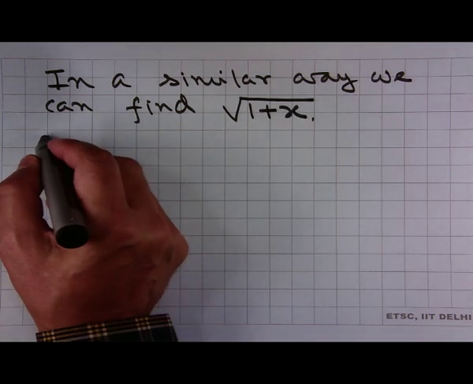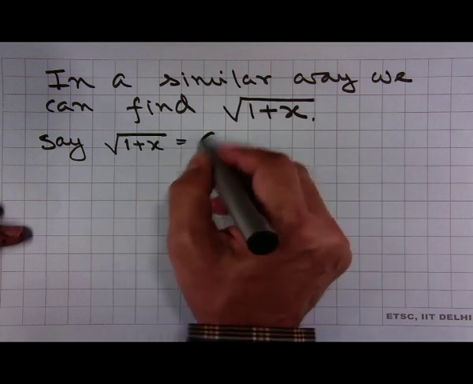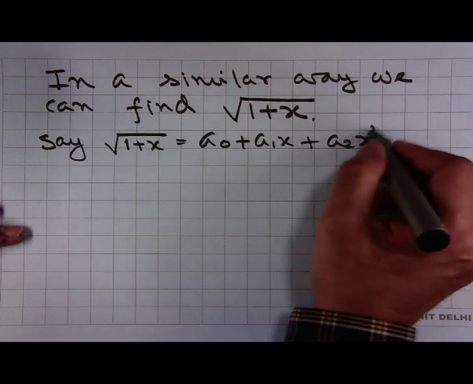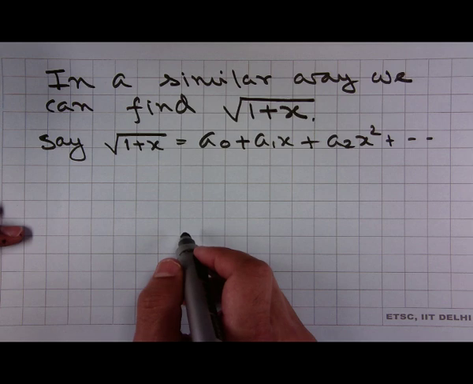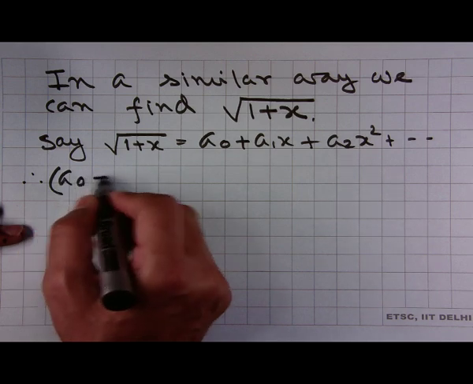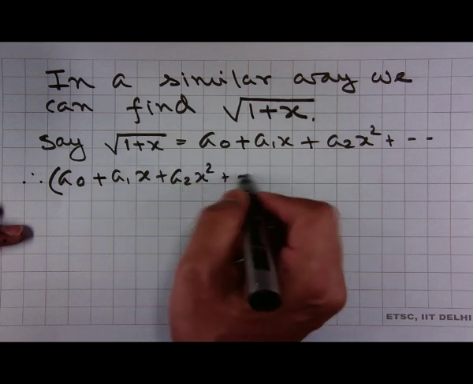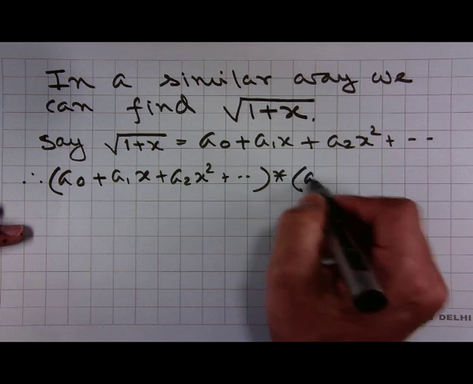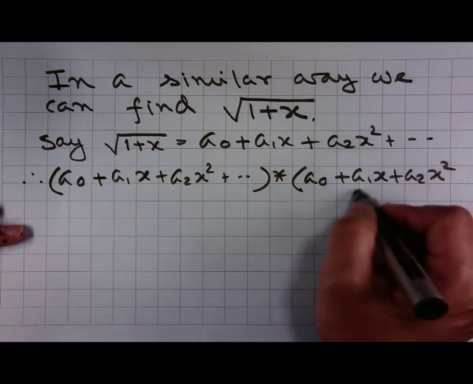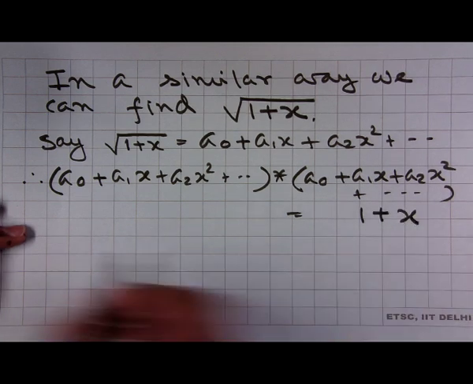Say root over 1 plus x is equal to a0 plus a1 x plus a2 x square, etc. Therefore, in a similar way we can write that a0 plus a1 x plus a2 x square into a0 plus a1 x plus a2 x square plus so on is equal to 1 plus x.